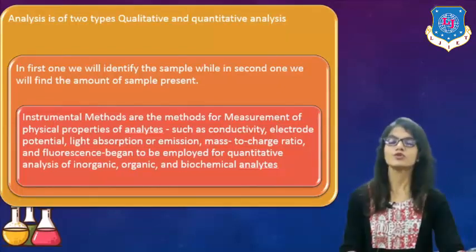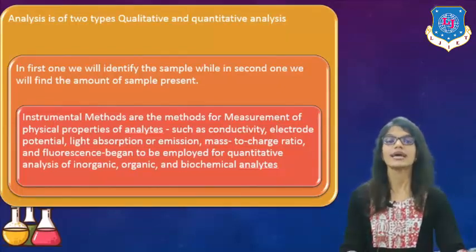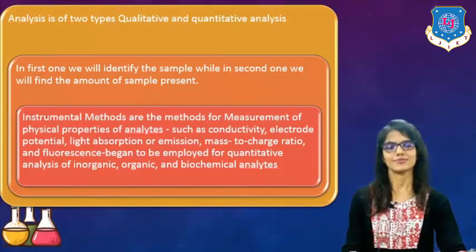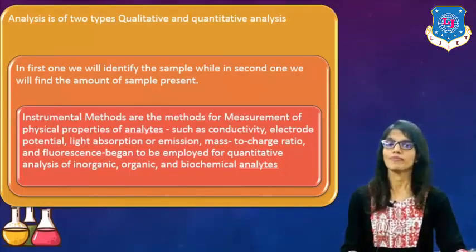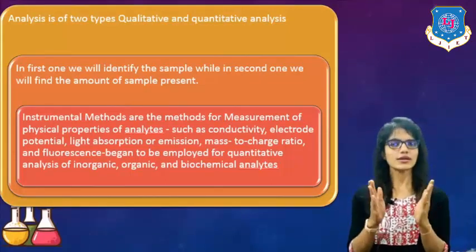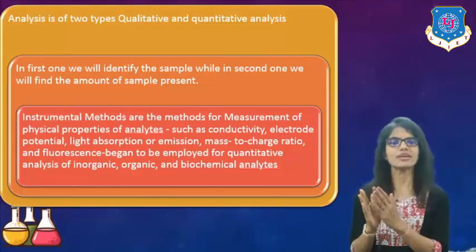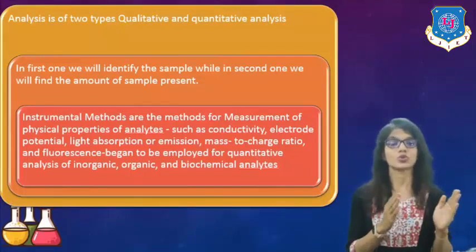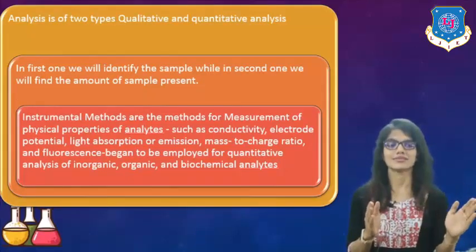Analysis can be of two types. First one is qualitative, second one is quantitative. Okay, so two words are there. Qualitative means to analyze the qualities, to analyze the properties, right?